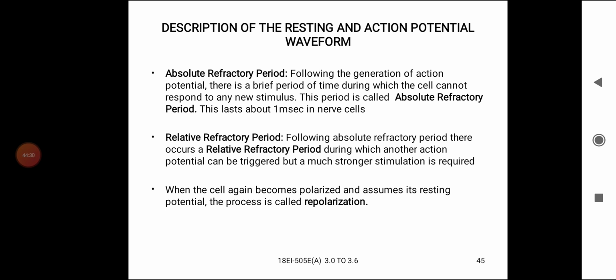Following the absolute refractory period, there occurs a relative refractory period during which another action potential can be triggered, but a much stronger stimulation is required. When the cell again becomes polarized and assumes its resting potential, the process is called repolarization.